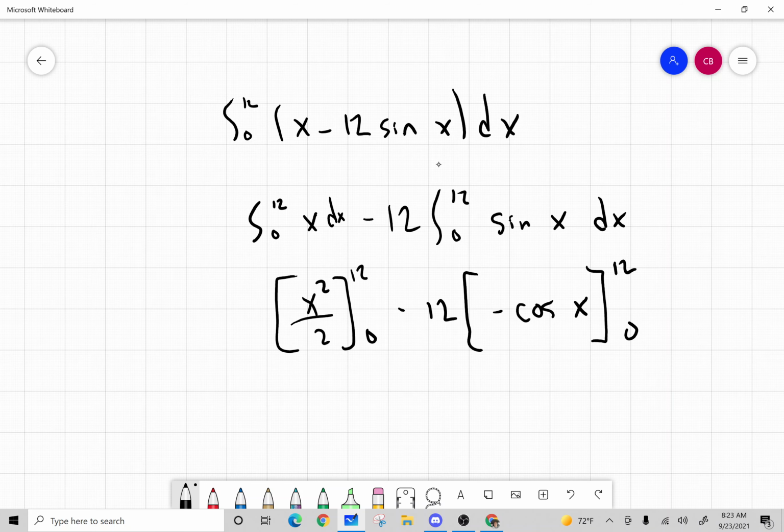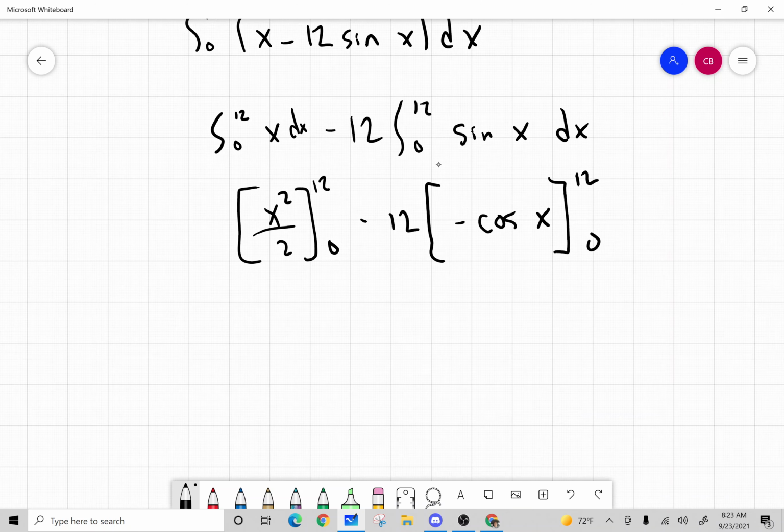Okay. And then I'm going to multiply this 12 back. Sorry, let me plug it in so I don't skip that step and make people wonder where it came from. 12 squared over 2 minus 0 squared over 2.